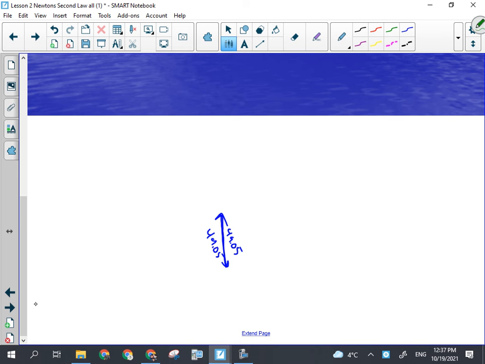But now I'm going to draw the 20 newton force on the head of the last one, and then I'll draw the 15 newton force on the head of that one. That tells me that my net force, or my resultant, just like with any vector problem, goes from beginning, right here, to end. 5 newtons to the right.